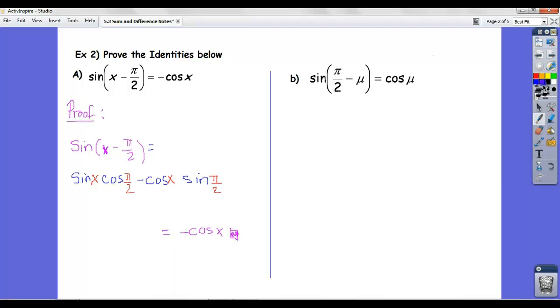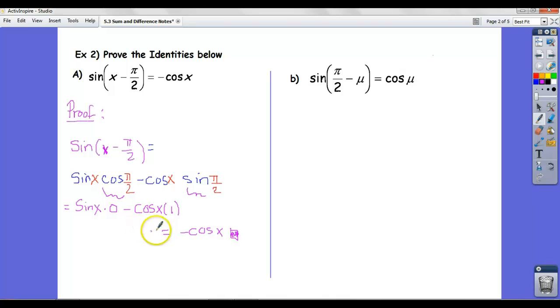And now I notice that I can evaluate cosine of pi over 2. So this all equals sine of x times, well, what's the cosine of pi over 2? That's just 0, minus cosine of x, and the sine of pi over 2 we know is 1.